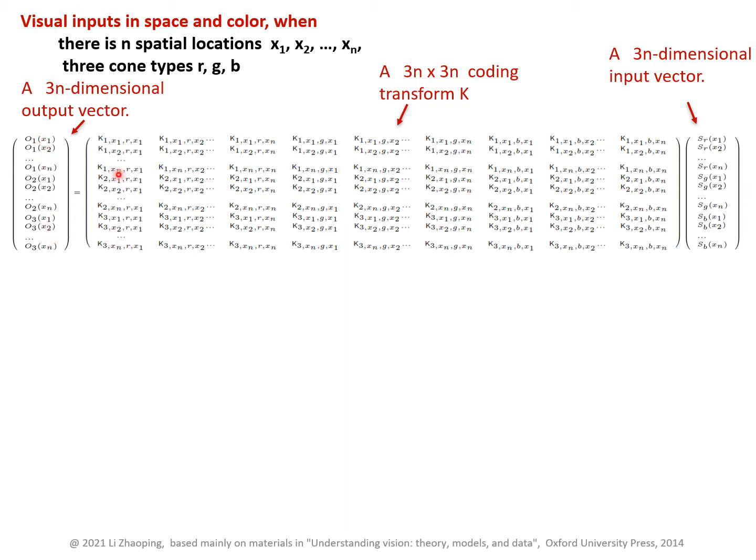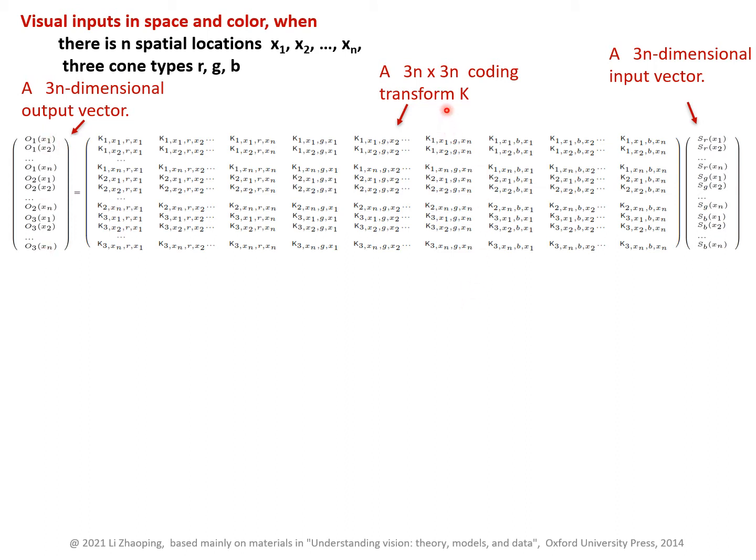Its column index is by the second pair of indices, rx1, rx2, rxn, and gx1, gx2, all the way to gxn, and bx1 all the way to bxn, corresponding to these indices. So this encoding matrix encodes the 3n dimensional input to 3n dimensional output.